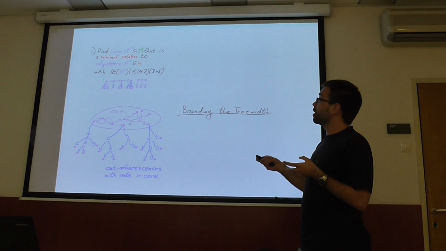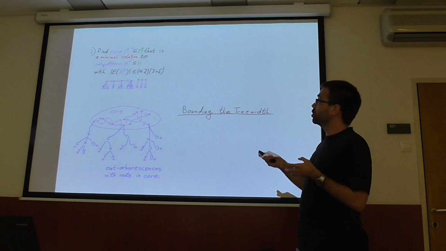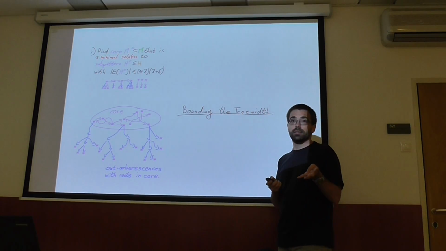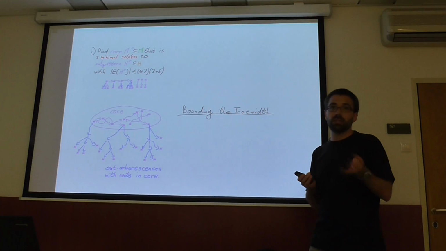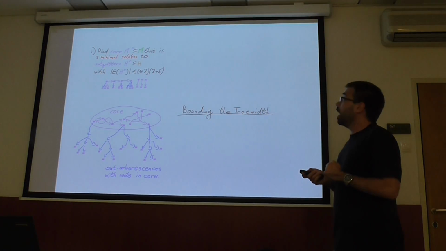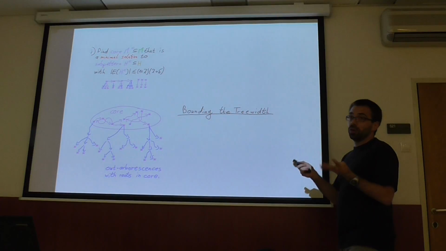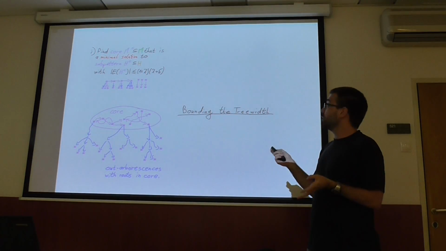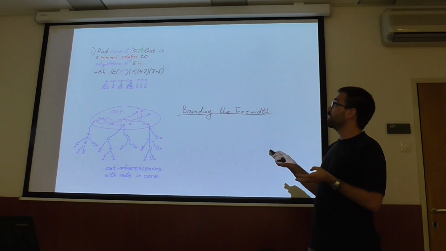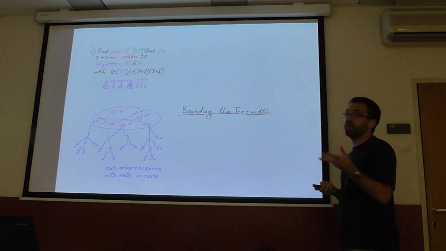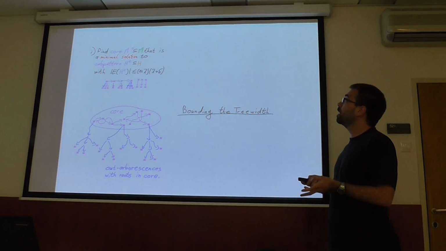Well, it contains the spine of the caterpillar, the additional delta edges, and also a bunch of these edges of the outstars, if my caterpillar is an out caterpillar. But the total number of edges in the subpattern is bounded by this term in lambda and delta. So it's a relatively small subpattern.